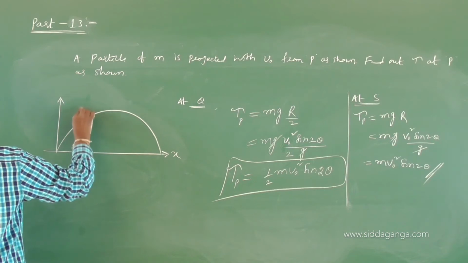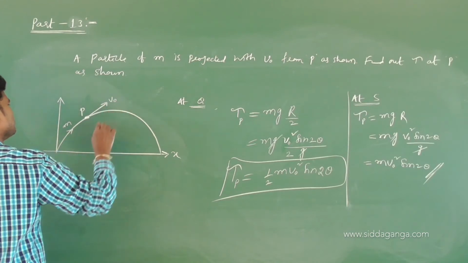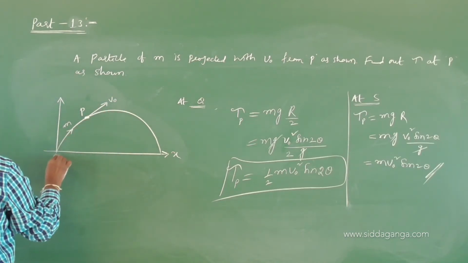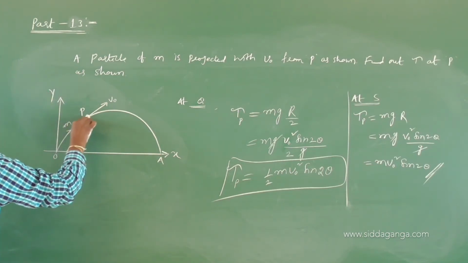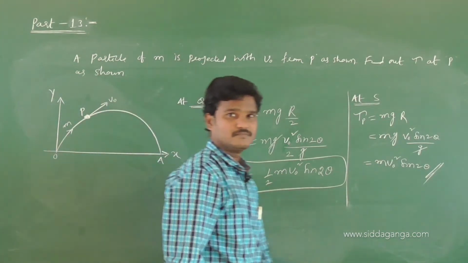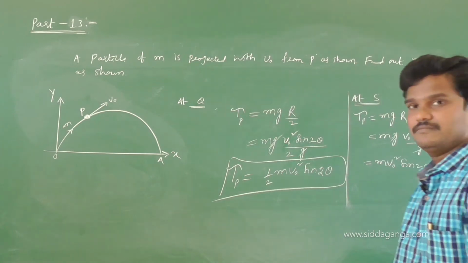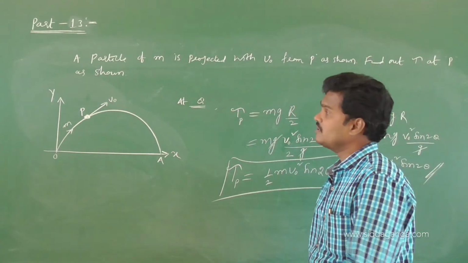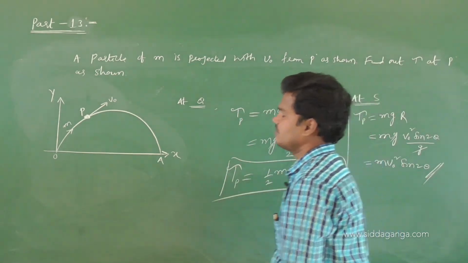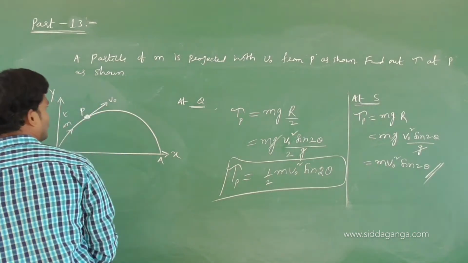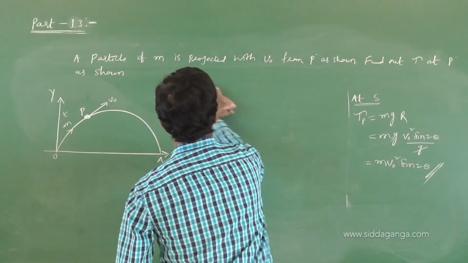This is the P. They are asking torque at this point. At the highest point calculated, at the last point also calculated. Now you try to find at a point P, after a time interval of t. Try the same formula: torque is equal to force into some distance.